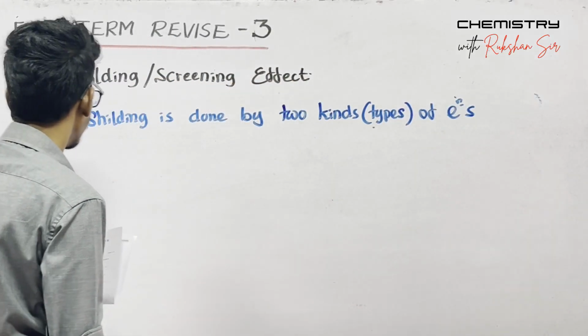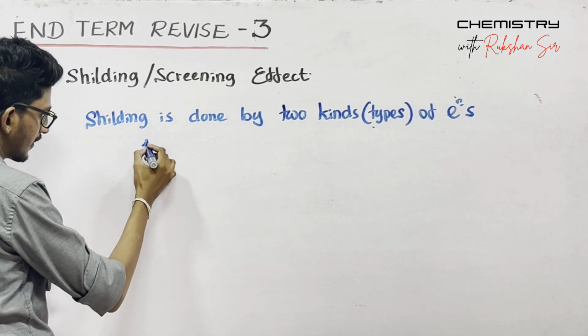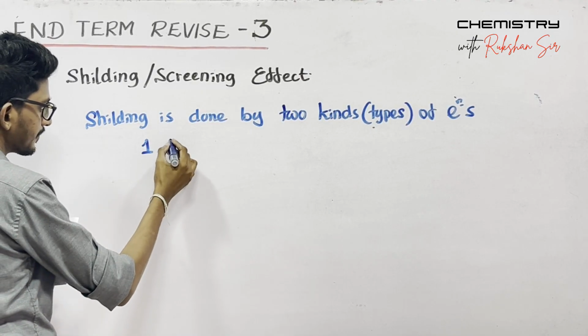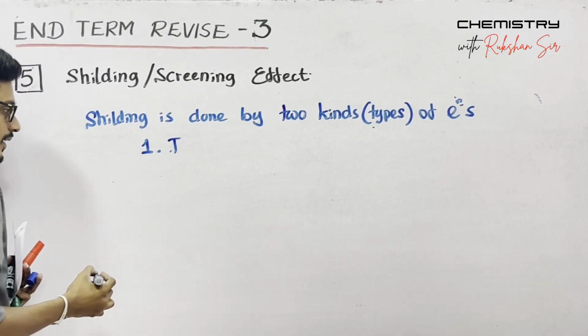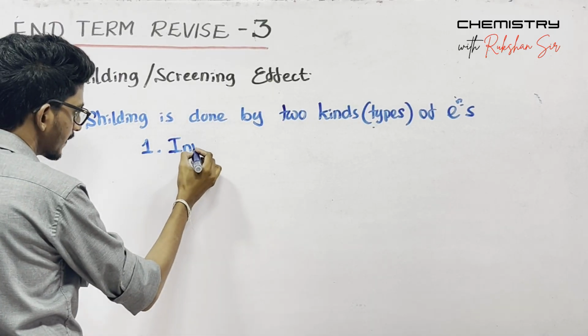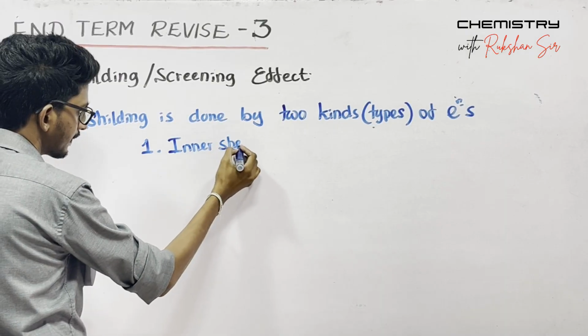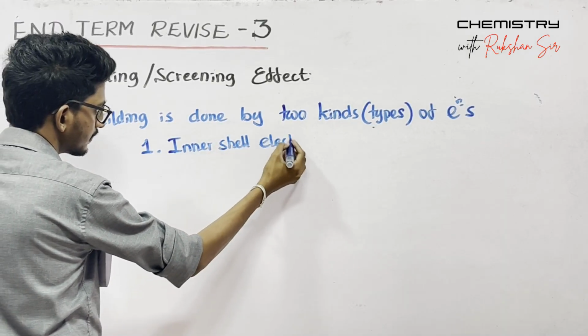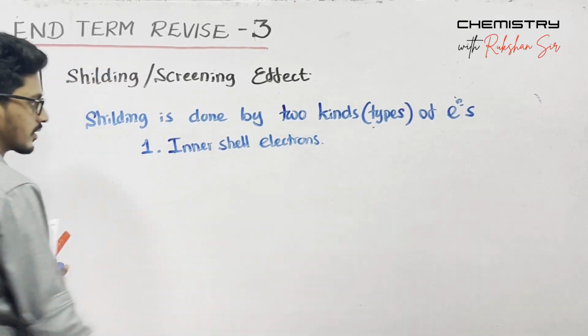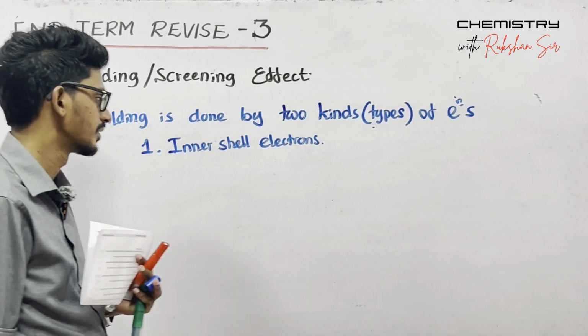What are those? Number 1, inner electrons. Much of the shielding is done by the inner electrons.